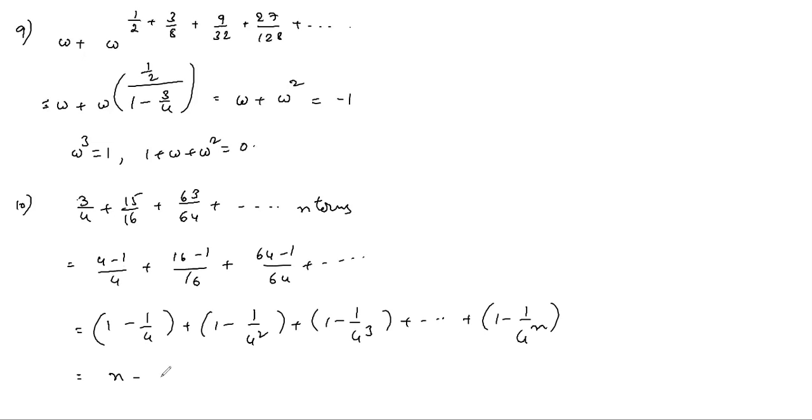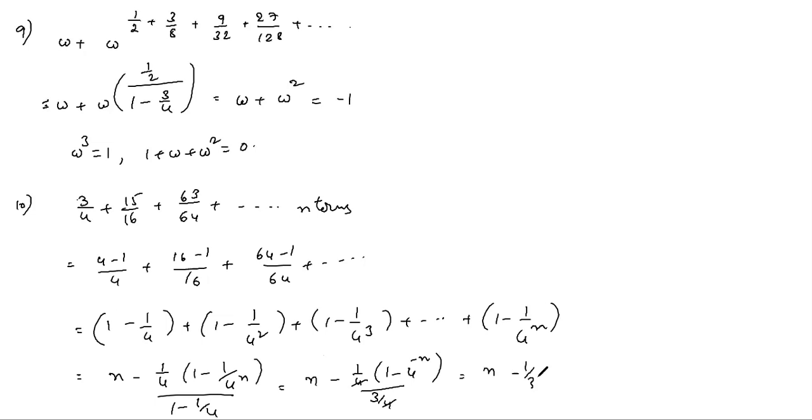So A into 1 minus r power n by 1 minus r, with r value 1 by 4. So it is equal to n minus 1 by 4 into 1 minus 1 by 4 power n, which is 4 power minus n, by 3 by 4. So n minus 1 by 3 plus 4 power minus n by 3.